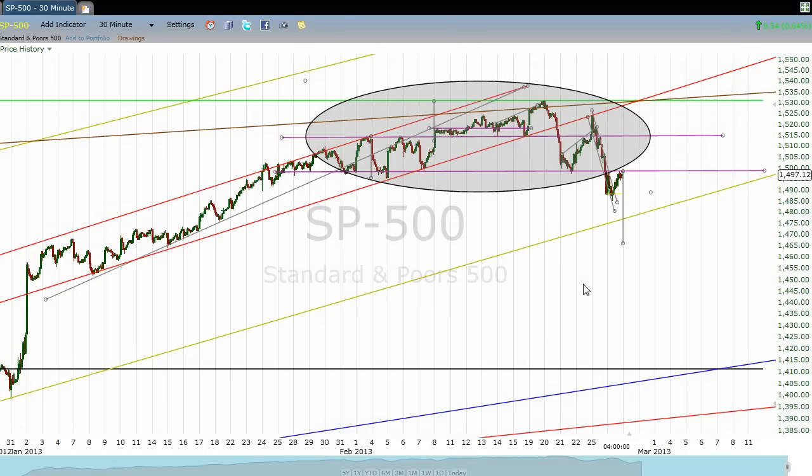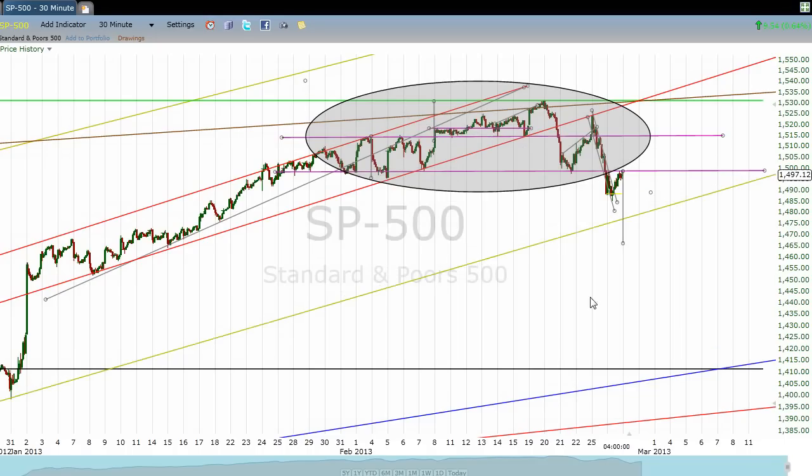So one of two things is going to happen. The first thing is this pattern is legitimate, a head and shoulders top, and we will encounter more selling pressure that when it meets that minimum target, we will take out this rising yellow line. In which case, the pattern wins, this line fails.